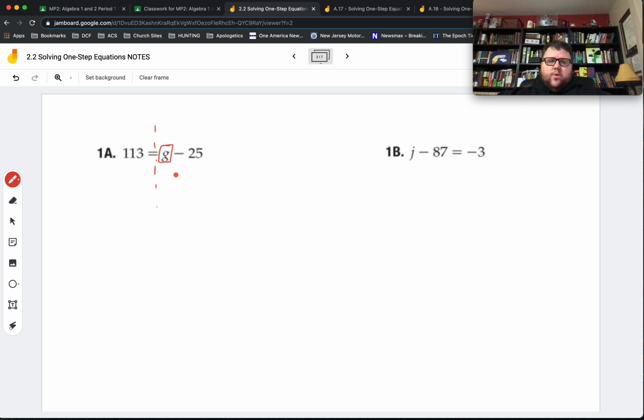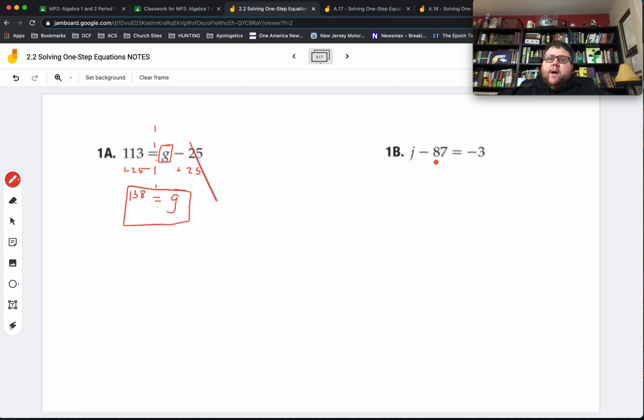Instead of subtracting 25, I'm going to add 25. So plus 25. They cancel on the right, so all I'm left with is G equals 113 plus 25: 3 plus 5 is 8, 1 plus 2 is 3, so 138 equals G.